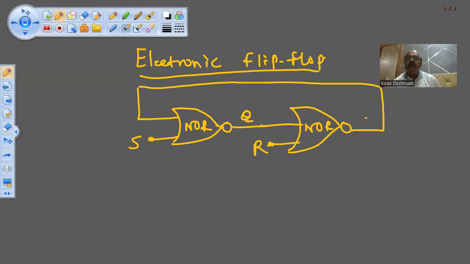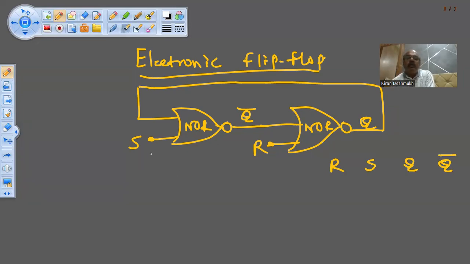Sorry, this is the Q output and this is the Q bar output. Now let us see. This is R, this is S, this is Q, and this is Q bar.